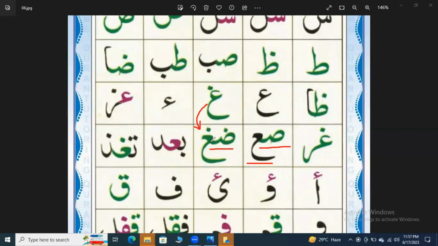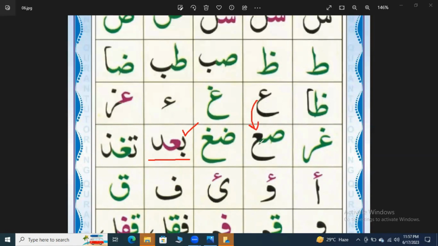Ghain. Next one is this one is Ba. And now, as I told you, in the middle and at the end of a word, this sign is written in this shape.